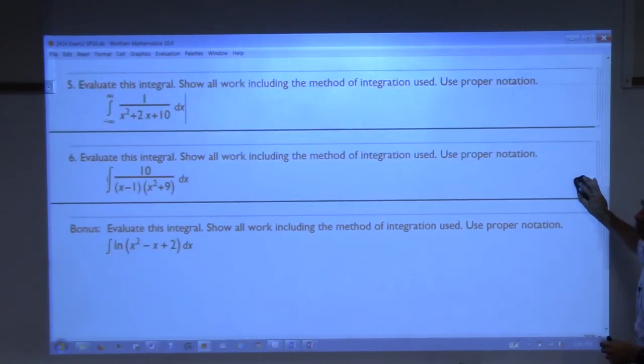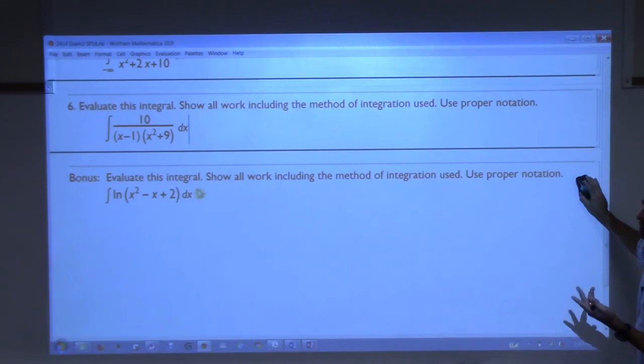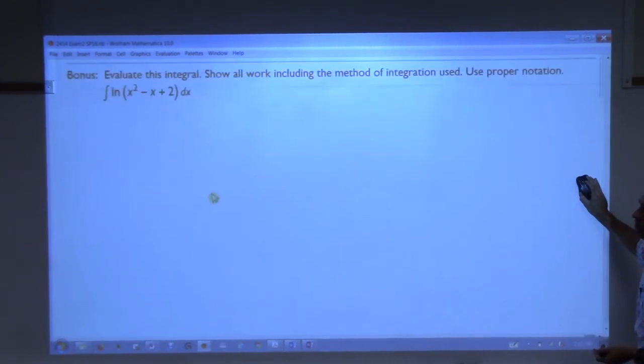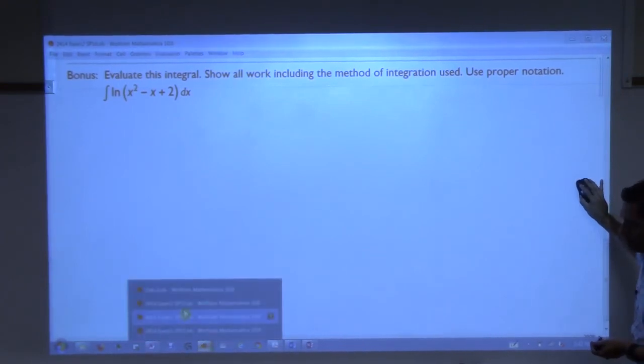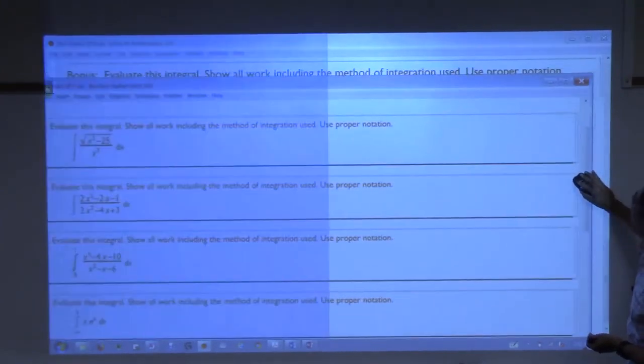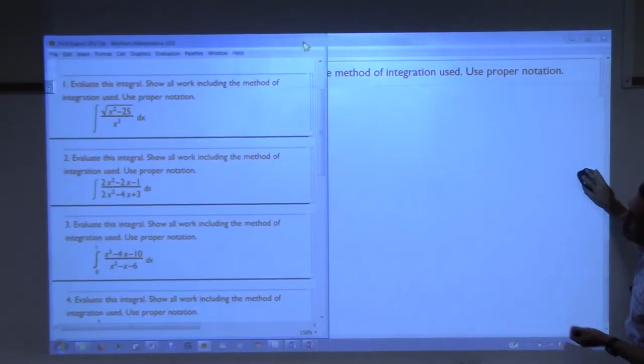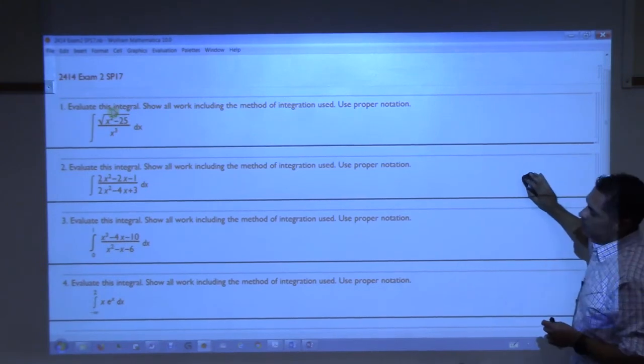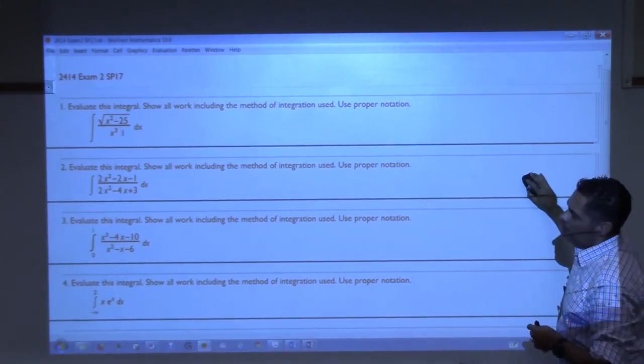This one, partial fractions, right? And then I gave a bonus. Where is it? What is this one? Trig sub, right? Yeah.